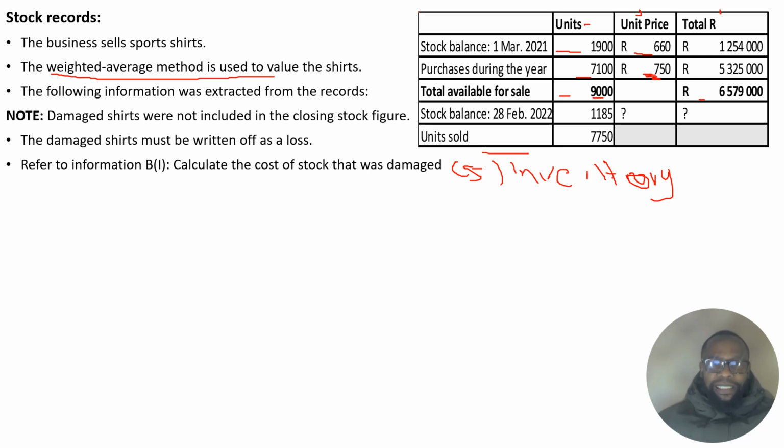Our question says calculate the cost of stock that was damaged. Here we have 9,000 t-shirts that are available for sale, and we managed to sell 7,750 from that 9,000. On storage we have 1,185, and the remaining balance is the one that is damaged.